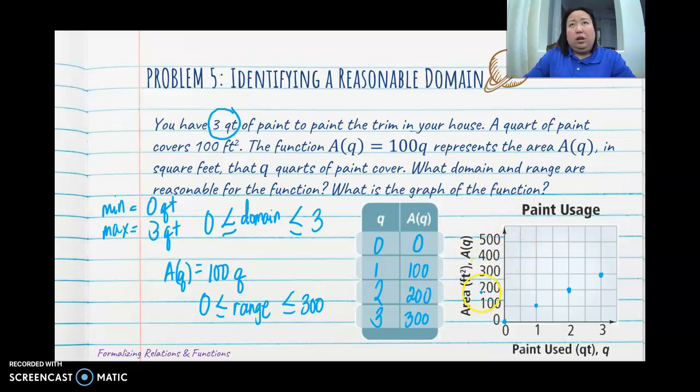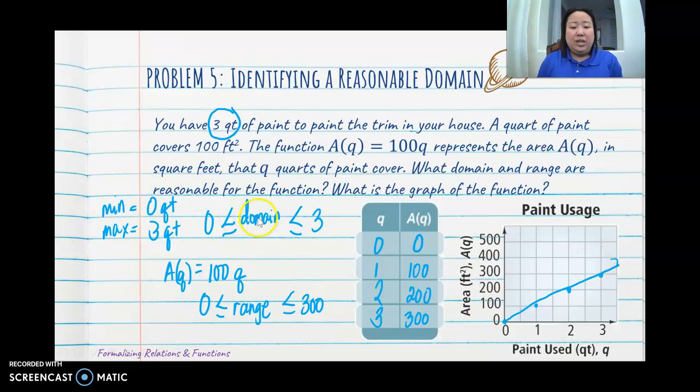Ask yourself, if you use, say, half a quart of paint, will you still be able to get some area covered? Definitely. Since any amount of paint could cover a certain area, this means that this is going to be a continuous graph.